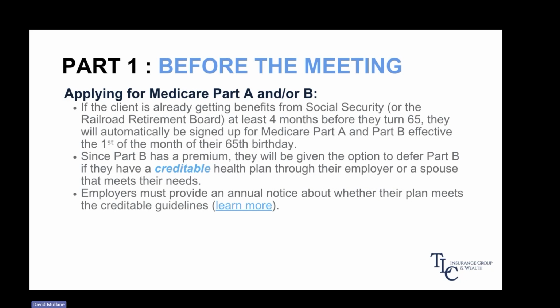If you have a client who's asking you about working past 65, please don't ever just say, well, you have an employer plan or your spouse has an employer plan, so you're covered. Always put it back on them to go back to the employer and make sure it's credible, because if it doesn't have important things like drug coverage, or if it doesn't cover certain, well, what do we call those?